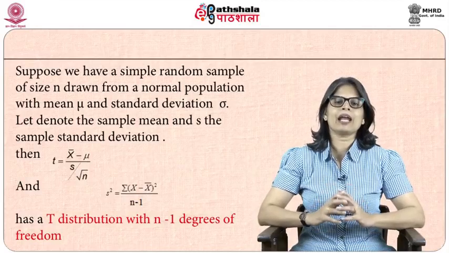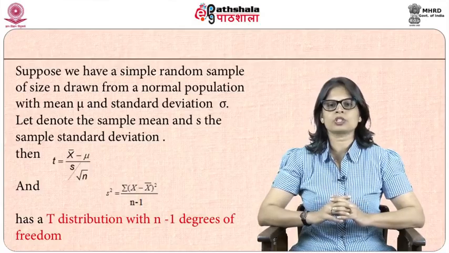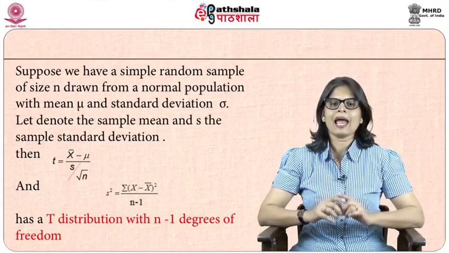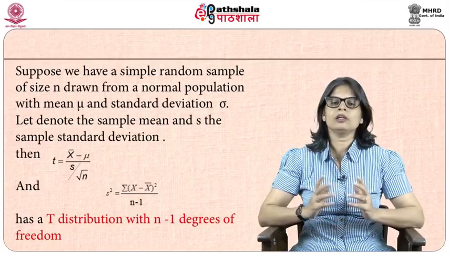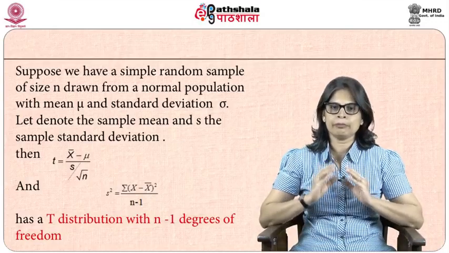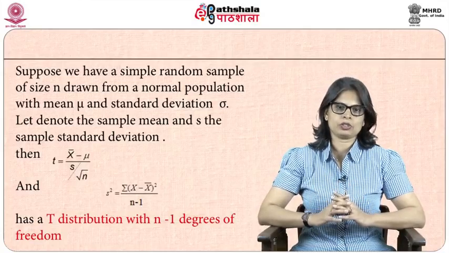Suppose we have a simple random sample of size n drawn from a normal population with mean mu and standard deviation sigma. As usual, let x bar denote the sample mean and s denote the sample standard deviation.